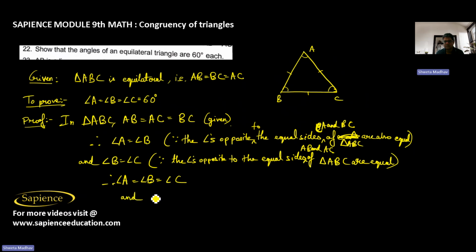And we also know that the sum of the three angles is equal to 180 degrees. So angle A plus angle B plus angle C is 180 degrees, which is the angle sum property of a triangle.